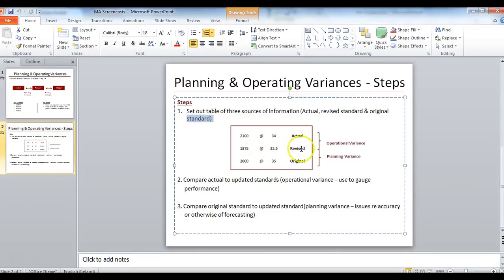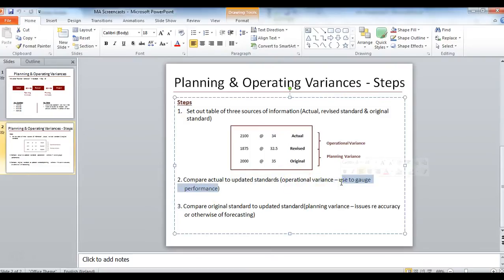So something like this here. Your actual compared to revised will give you your operating variance, and your revised compared to your original will give your planning variance. So it's nice and structured, nothing more complicated, and you have all the figures in one little table that you can then go on to step 2, where you calculate your operating variances, and step 3 then for your planning variances. And note, it's the operating variances where you're comparing actual to revised. They are used to gauge managerial performance.